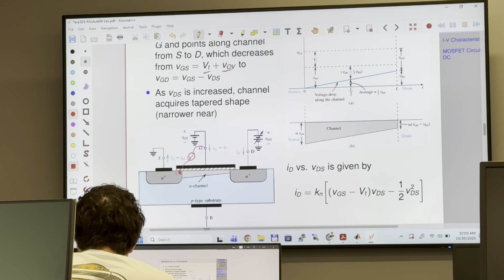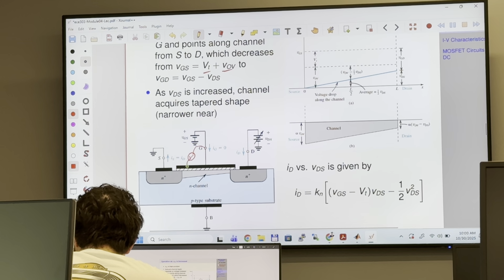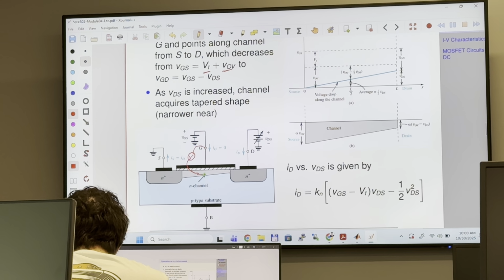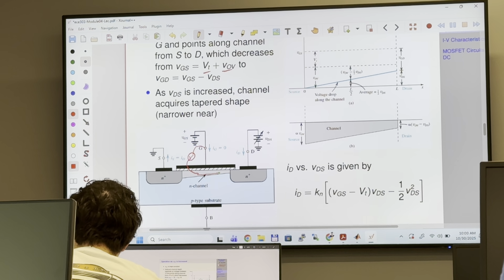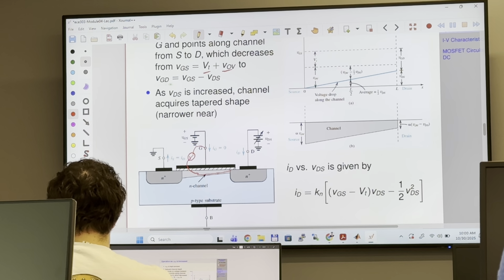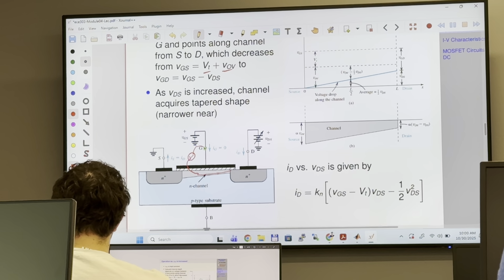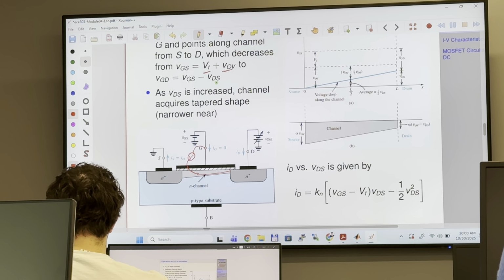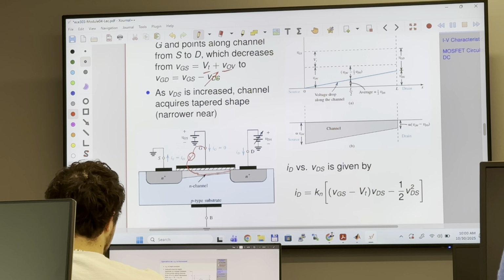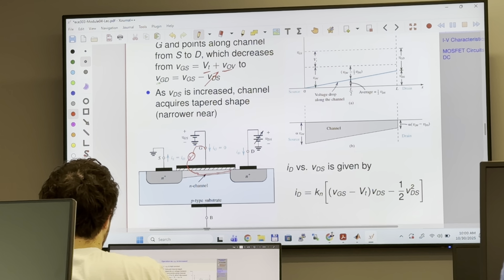Now as you move this voltmeter negative terminal through this channel, you go across to the drain, you will see that VGD, the voltage between gate and drain, is going to be VGS minus VDS. Now if you increase VDS, what is this voltage, guys?